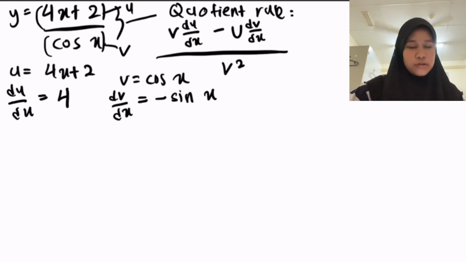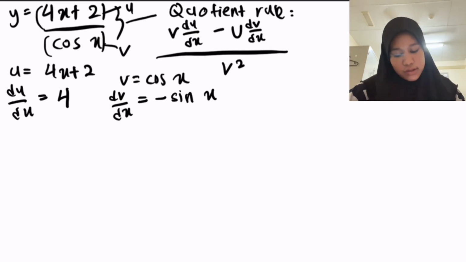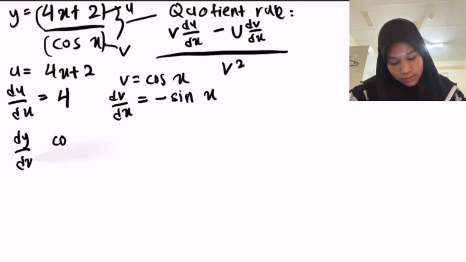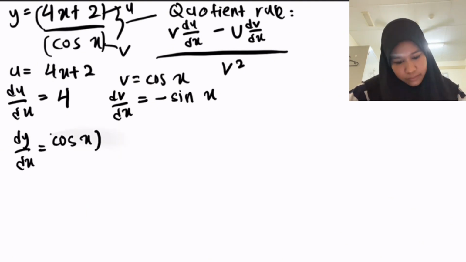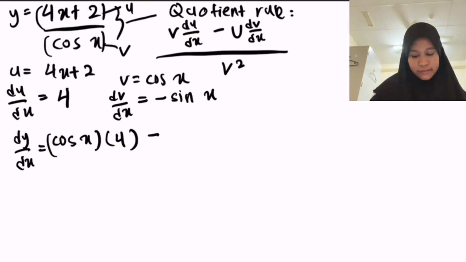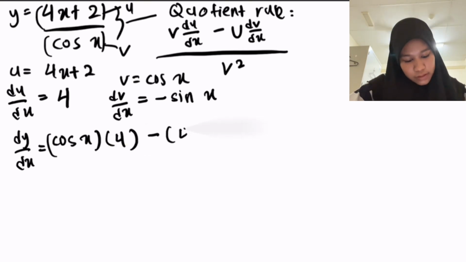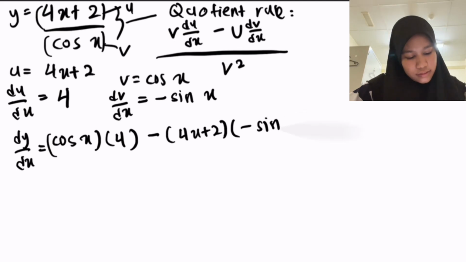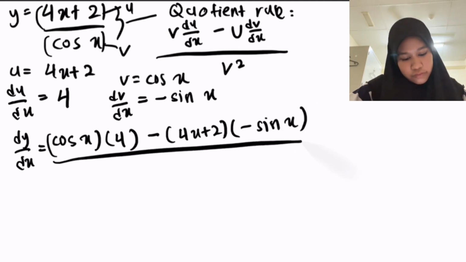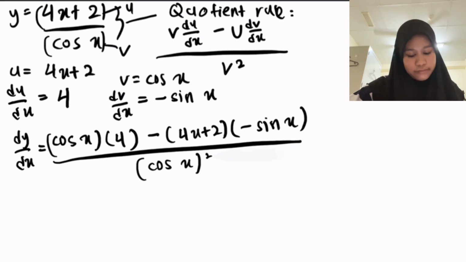Now we're just going to substitute all of this into the formula. dy over dx equals v, cos x, times du over dx, which is 4, minus u, 4x plus 2, times dv over dx, which is negative sin x, all over v squared, cos squared x.